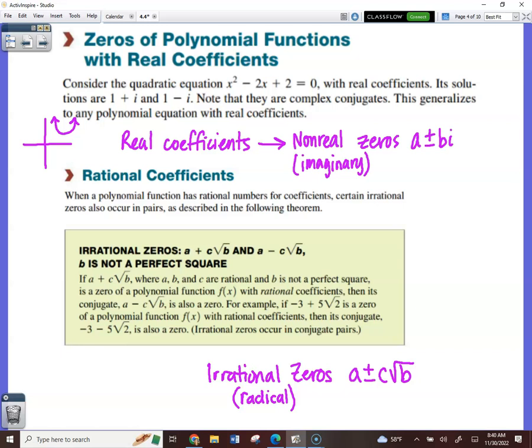Or if I said there's a zero, negative 3 plus 5 square root 2, you would have to say, okay, well then negative 3 minus 5 square root 2 is also a zero. You just have to remember, if there's an i or a radical, there's two answers. And you change the sign of the i and the radical to get the second answer, okay?